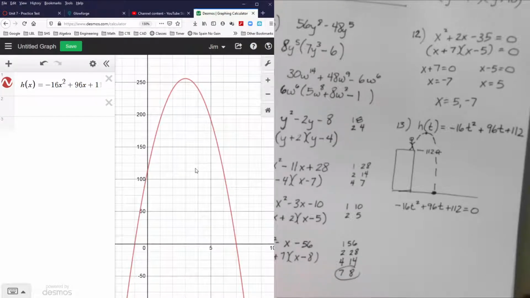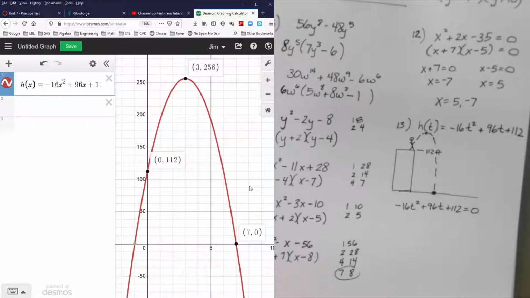All right. So in my picture here, this would be the top of the building. If I click on that graph, I can see the top of the building, where the ball is released, it's 112 feet in the air. It goes up to a maximum height of 256 feet. Then it comes down and hits the ground right here. And this is seconds, so this is going to be after 7 seconds.